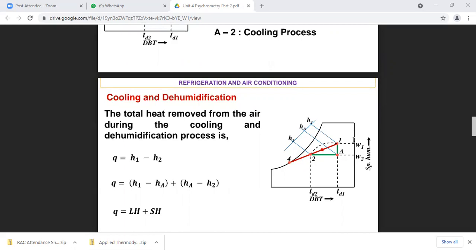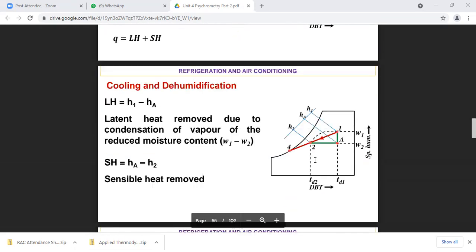We consider it in this way because this is the latent heat and this is the sensible heat, so we are splitting this into latent heat and sensible heat.